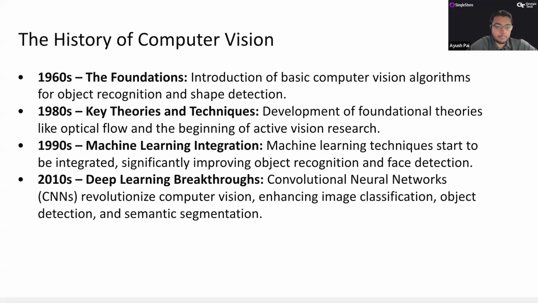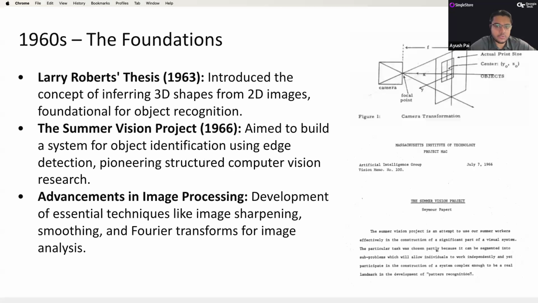So in the 1960s, we laid the groundwork for computer vision's first steps, right? We had Larry Roberts, I believe a professor at MIT. His thesis in 1963 introduced the whole field of computer vision with a groundbreaking concept that extracted 3D structures from 2D images, and became a cornerstone of object detection, all the way back in the 1960s.